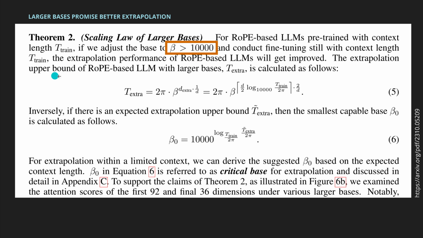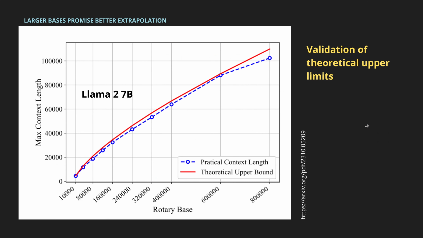The extrapolation upper bound, remember we have an upper bound, is calculated as follows. Inversely, if there is an expected extrapolation upper bound, then the smallest capable base, beta 0, is calculated in this way. So you see, we have now suddenly a critical base, beta 0, for the extrapolation. And we will look at this in detail in the next theorem.